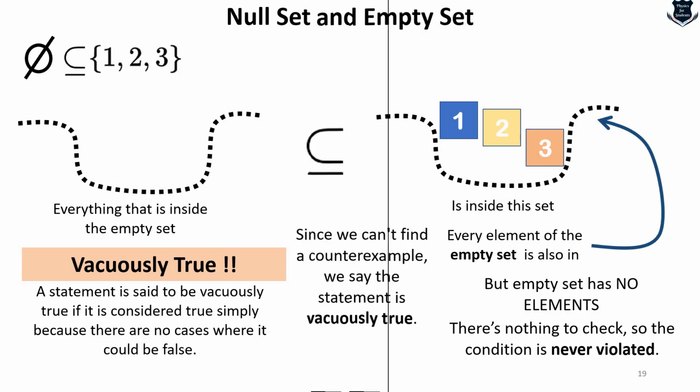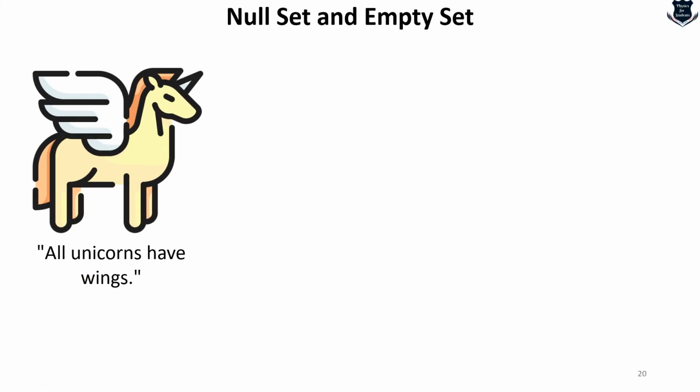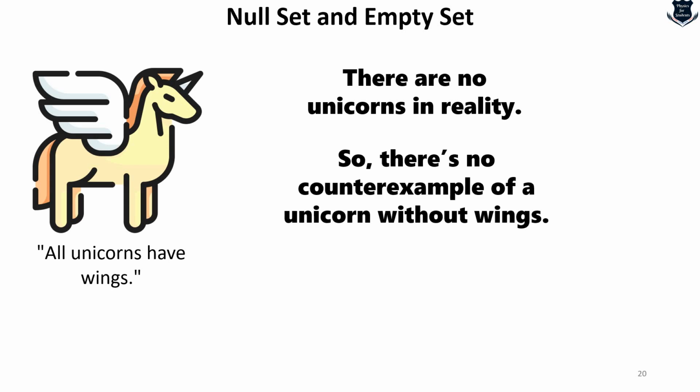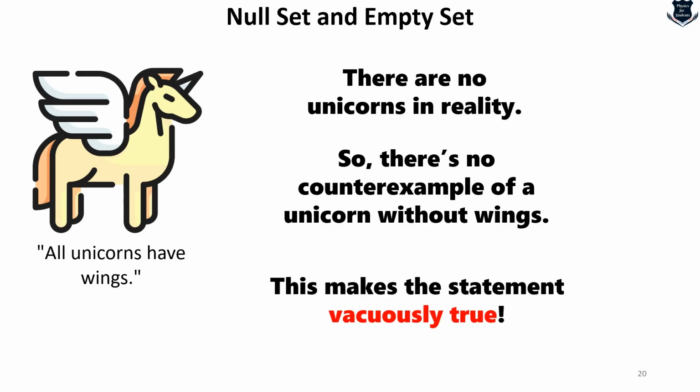I will give you an example. It's a very hypothetical example. Say, for example, we make a statement like all unicorns have wings. And there are no unicorns in reality. So there is no counter example to show that a unicorn has something without wings. And hence we say that this statement is vacuously true.